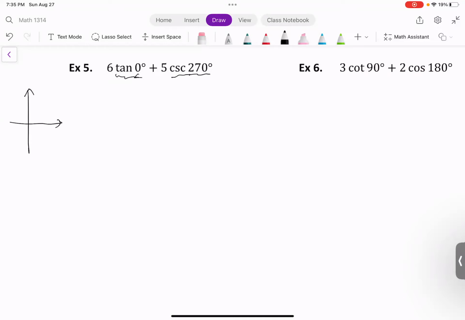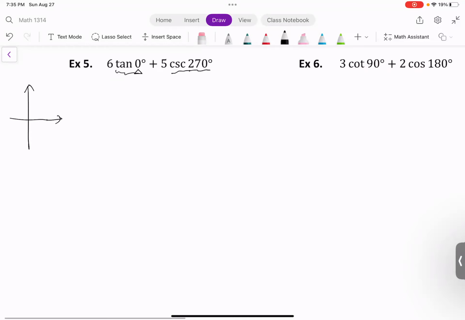And where is 0 degrees? That means I didn't rotate at all. So initial and terminal sides are both the positive x-axis. The point on the terminal side is 1, 0. So x is 1, y is 0, r is 1.